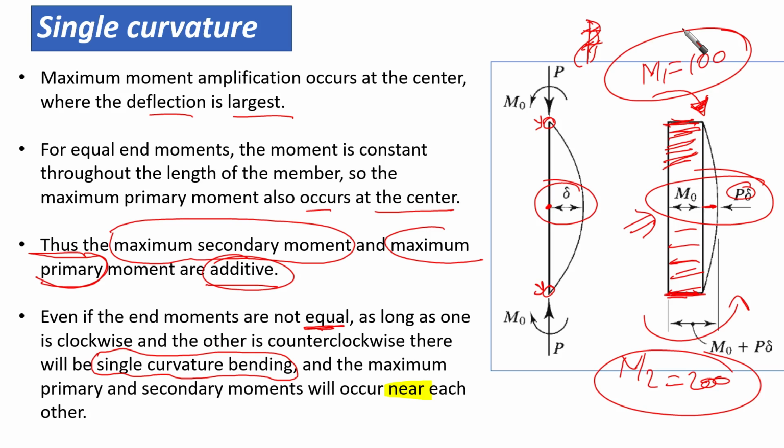Why? Because the curvature is going to be almost in the middle. It's not going to be exactly in the middle. And the maximum deflection and the maximum moment are going to be almost at the same point.